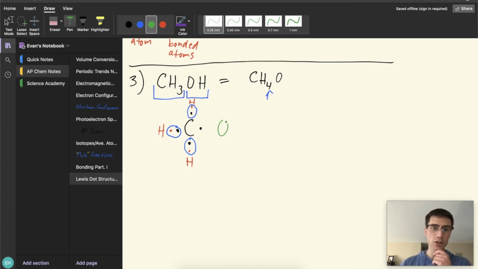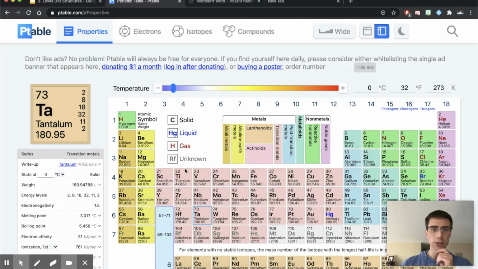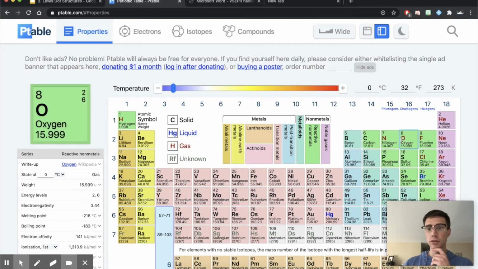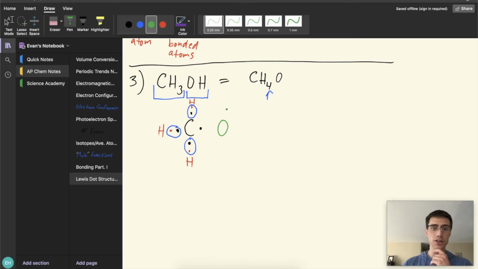So here's my oxygen. Now, how many valence electrons does oxygen have? Well, if you look at the periodic table, it's 2 after carbon and 2 before neon. So you could count from the left, but oxygen ends up having 6 valence electrons. So I'm going to draw 1, 2, 3, 4, 5, 6. Okay, so here are 6 valence electrons.